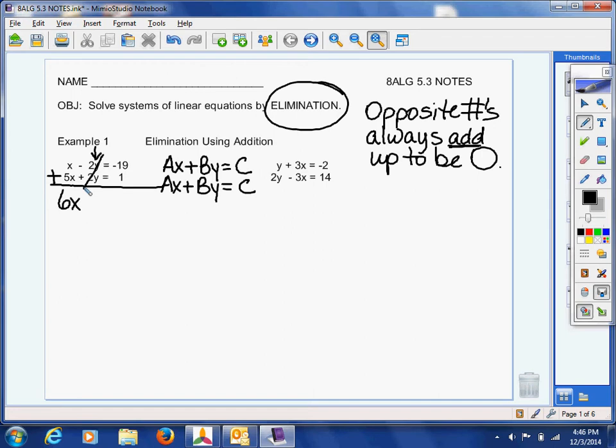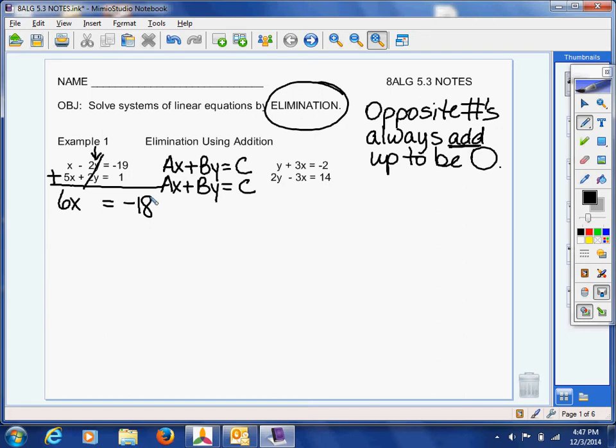We're going to end up with 0y, which in essence is just 0. Drop down your equal sign, and what's negative 19 plus 1? You're right, negative 18. So that's the beautiful part of elimination. Eliminate one of the variables. That's our goal. Look for opposite numbers.